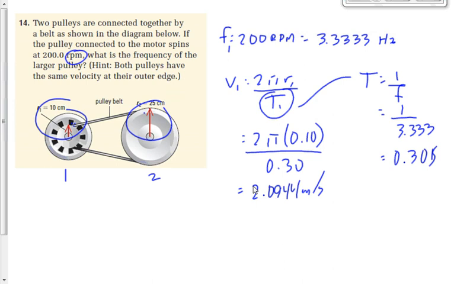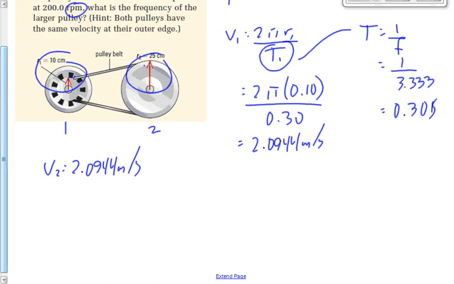The entire pulley belt has to be traveling at the same speed. So we know what V2 is then. V2 is 2.0944 meters per second. All right. That's something too. What else? Is there anything else that at this point anybody knows what to do?